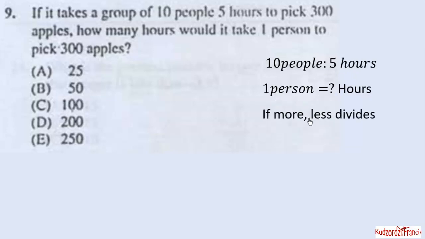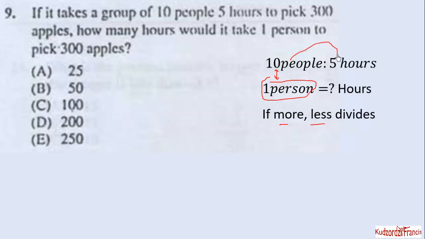So if more, less will divide. Let's divide. The less of the two known numbers will divide. In this understanding, we know that 10 people work faster, so 5 hours. So one person will take more than 5 hours. That is why the less of these two divides. So the remaining numbers, when you take out the divisor, which is 1, we are left with the remaining numbers.